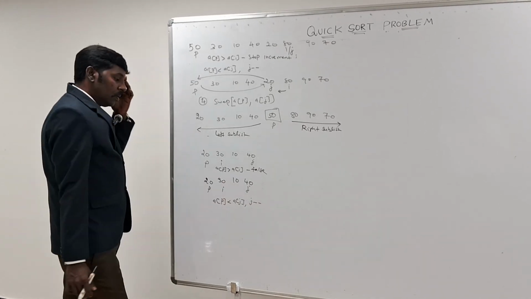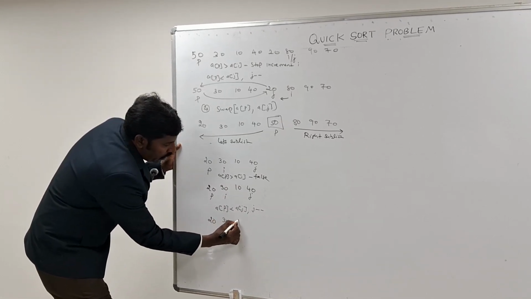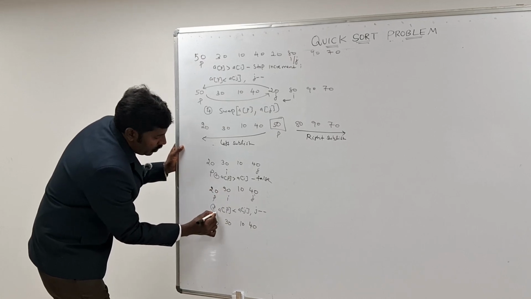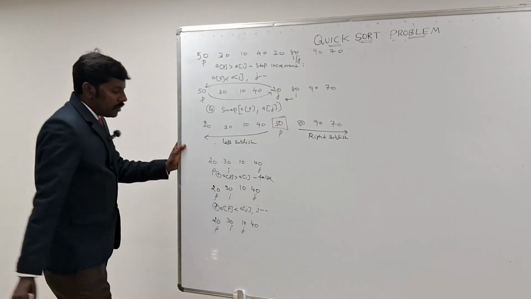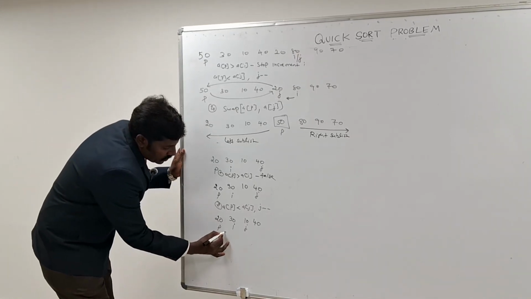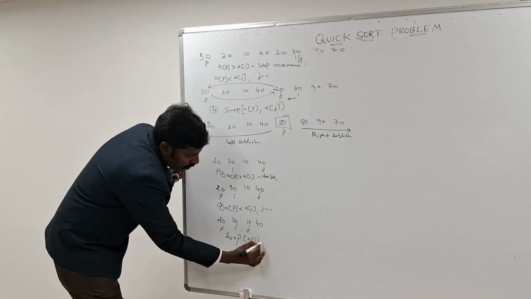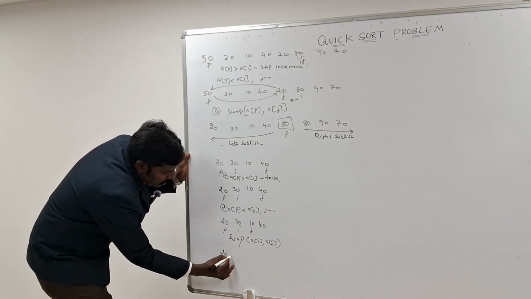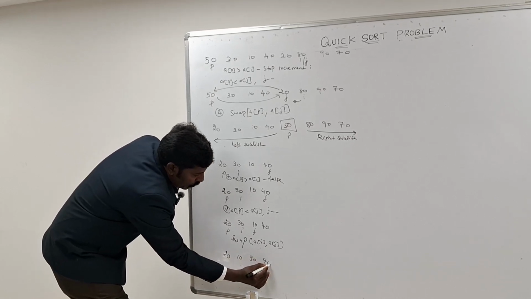Now J value comes to 10: 20, 30, 10, 40. This is condition 1, condition 2. It is J, it is I, it is P. This statement satisfies condition 3, so swap A of I, comma A of J. So 20, 10, 30, then 40.